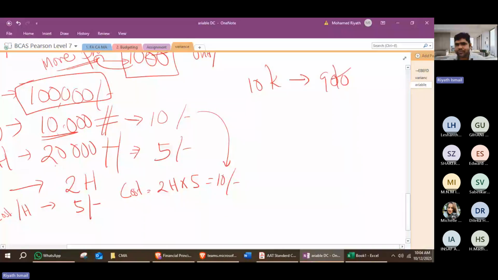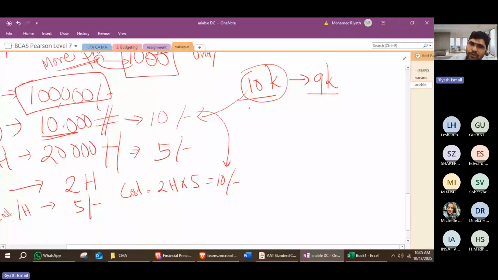is it adverse or favorable? Budgeted production 10,000, actual production 9,000. Adverse or favorable? Adverse. Why? When we produce 10,000, per unit cost is 10.